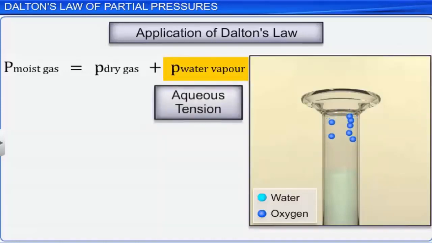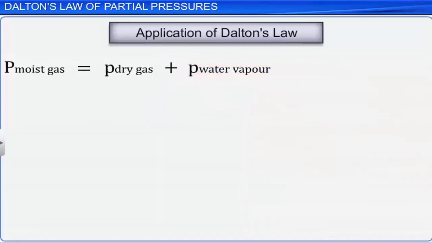If the pressure of the dry gas and the moist gas are represented as P and P, and the partial pressure due to water vapor, commonly called aqueous tension, can be expressed as P dash, then by Dalton's law of partial pressures, the total pressure exerted by a moist gas, that is, P is equal to the partial pressure of the dry gas, P, plus partial pressure of the water vapor, P dash.